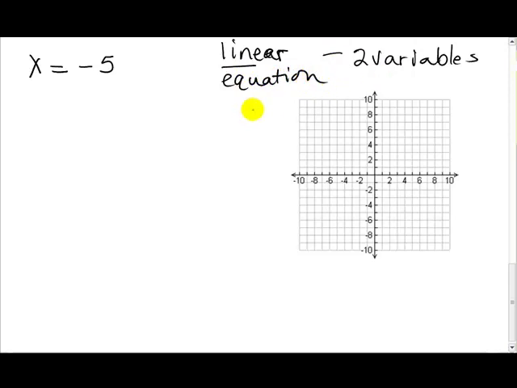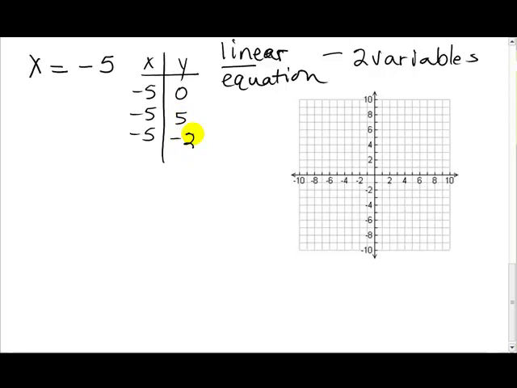We'll have two variables. We just have one here. If we use our t-chart, it tells me x can only be -5. I'm just going to choose anything I want to. For y, 0 is already good. Let's choose 5 and -2.